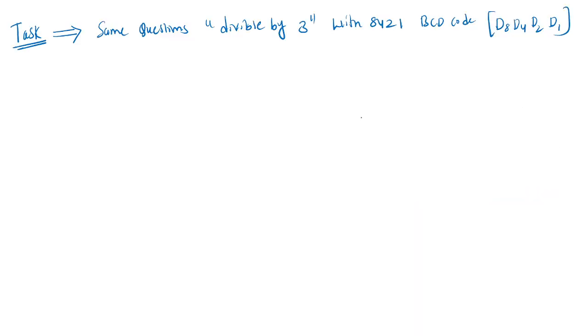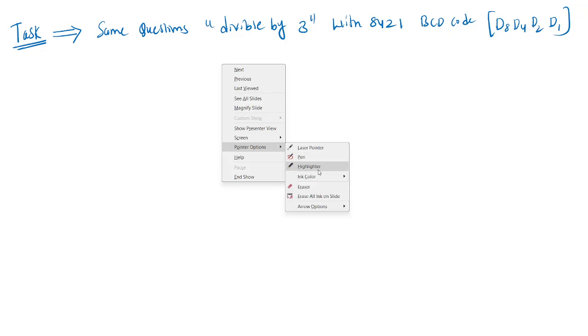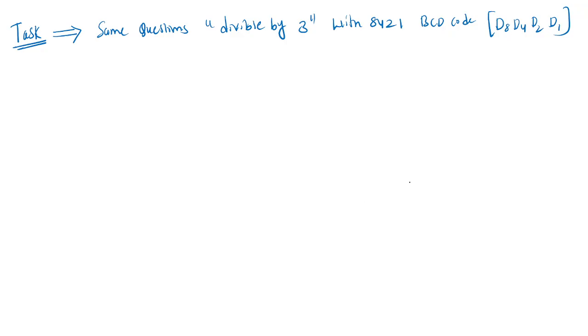BCD range is from 0 to 9 only. So in the question, how many inputs are given? 4 inputs. If there are n inputs, how many possible combinations will you get in the truth table? 2 power n.